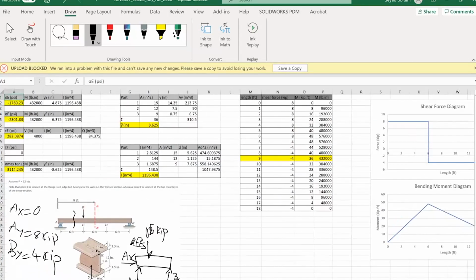So you just need to cut a section in between the two points of the two ends of the segment and determine the internal force, in this case the internal shear force, for either the right piece or the left piece of the section. So let's just draw the free body diagram, for example, the left piece here. I'm drawing the free body diagram here, and I have this reaction force of 8 KIP, sorry.